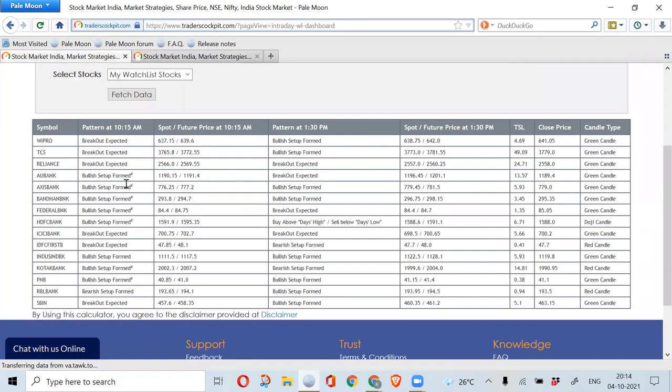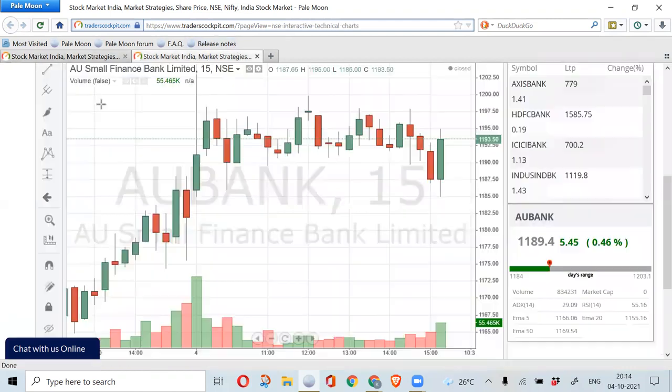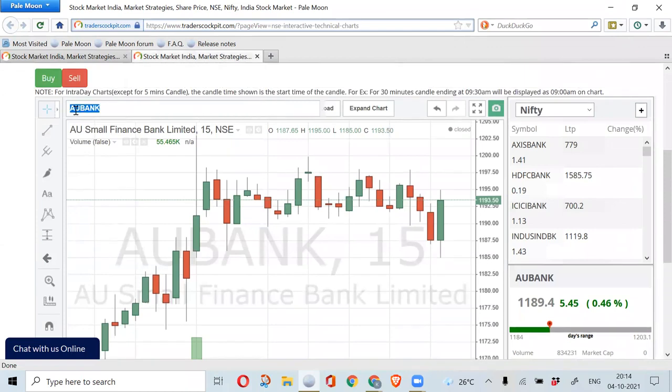So we shall see another stock of bullish setup like HDFC Bank, or Axis Bank. We shall see this. Axis Bank. Bullish setup is formed in Axis Bank.